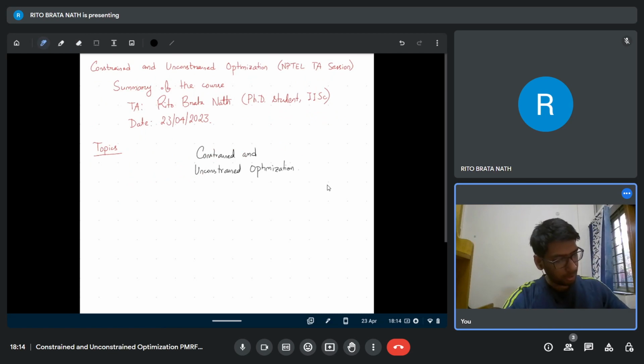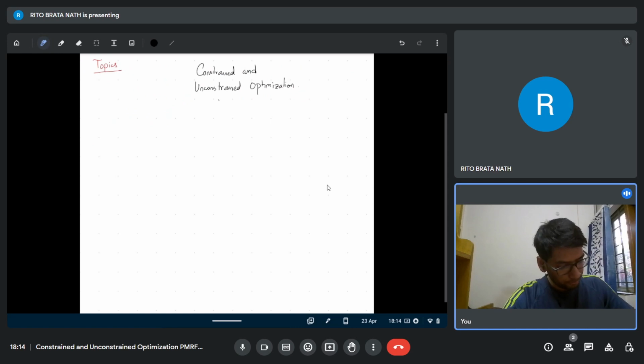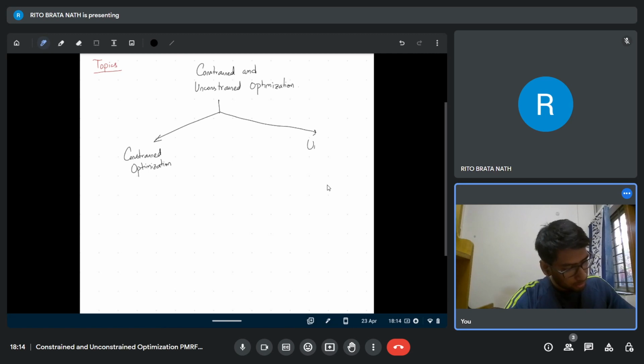But you can think of it as divided into two parts. One is obviously the constrained optimization, and another is unconstrained optimization.